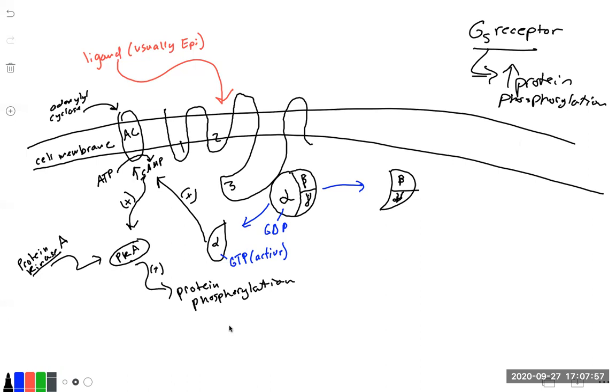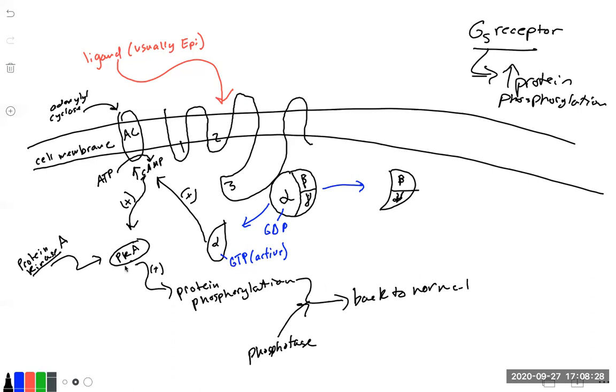How do we keep this in check, though? There always needs to be a check and balance. Well, once proteins are phosphorylated, they need to become unphosphorylated eventually. So what happens? An enzyme will be added here, and it is called a phosphatase. And when the phosphatase is added to the pathway, we go back to normal.